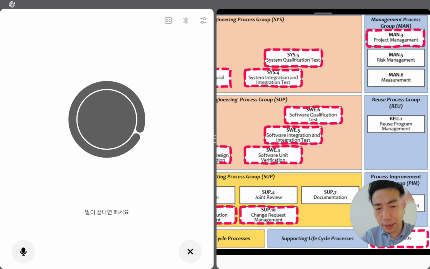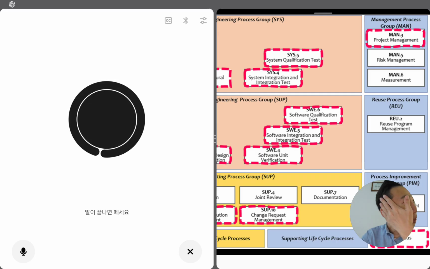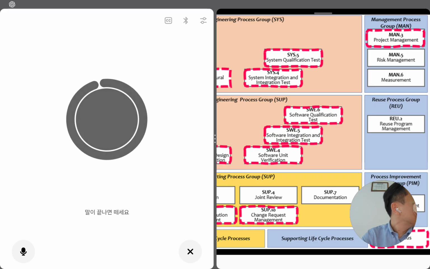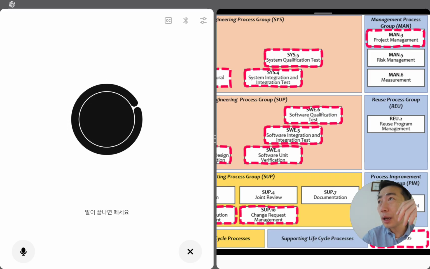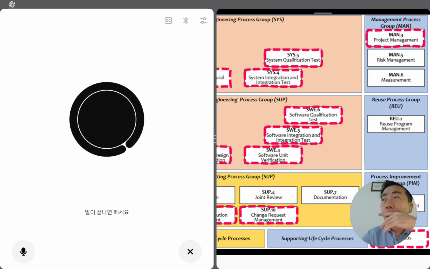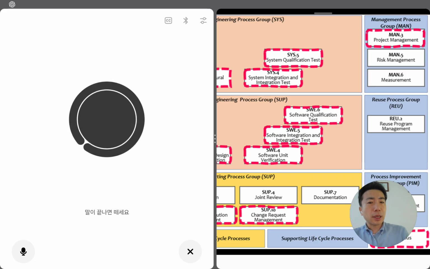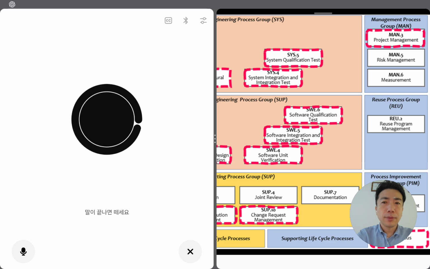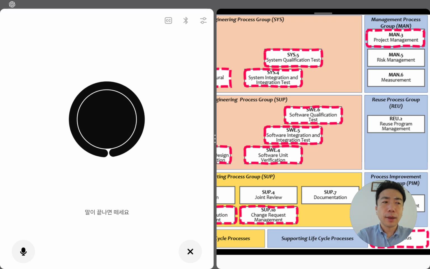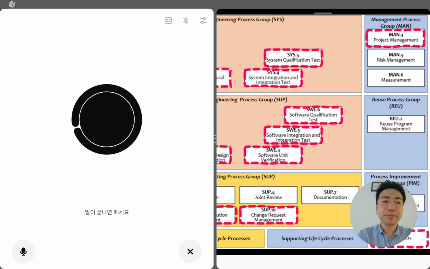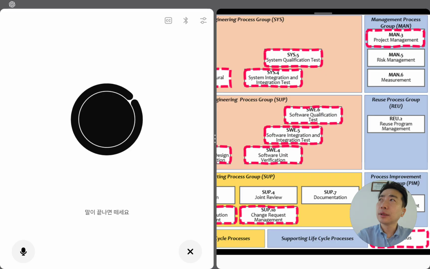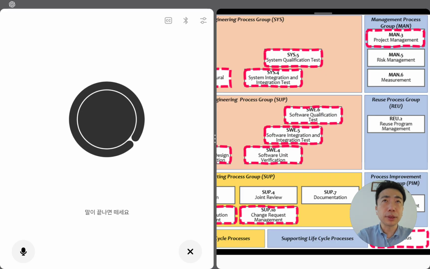Mm, plan clearly. I think plan clearly would be the most difficult part for me because I never took the PM role ever as a responsible person.